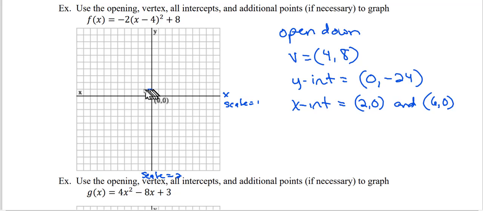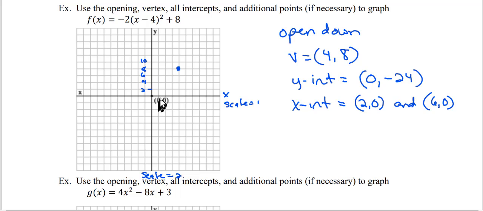So this is 2, 4, 6, 8, 10, and so on. That means my vertex, 1, 2, 3, 4, 8, is here. It opens down, so I should expect all the points to be below it, because when it opens down, you have that maximum, that highest point.